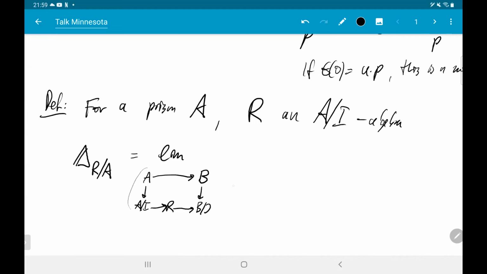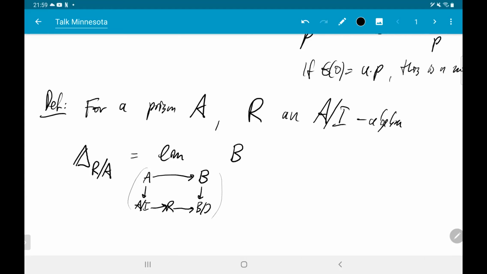And what I take the limit over here is I take the limit over B, right? So I have this kind of under category where objects are prisms, where I have a map of A to B and a map from R to B mod J, and the square needs to commute. Then I take the limit over B here.